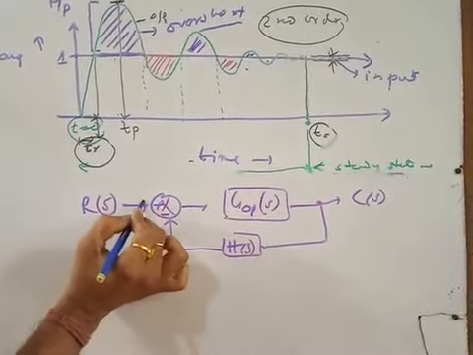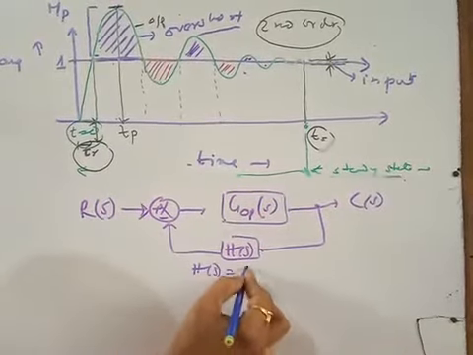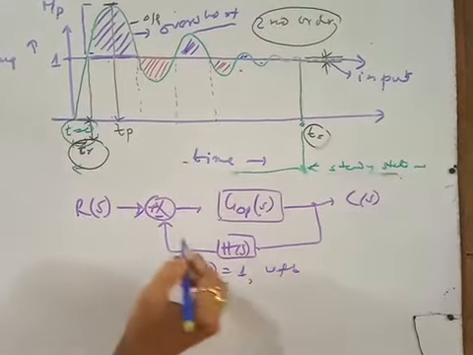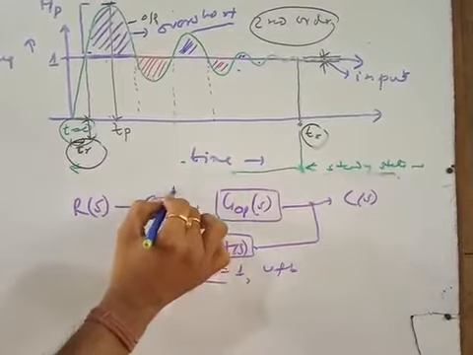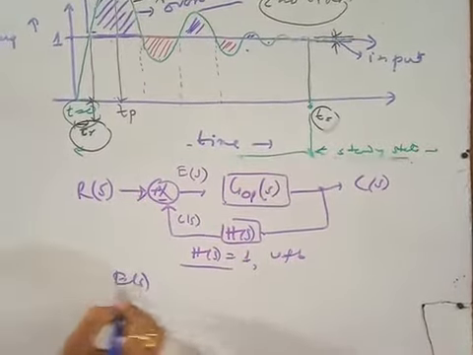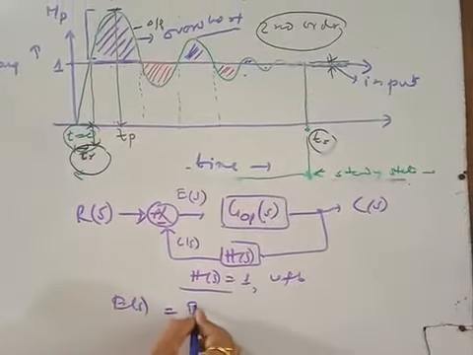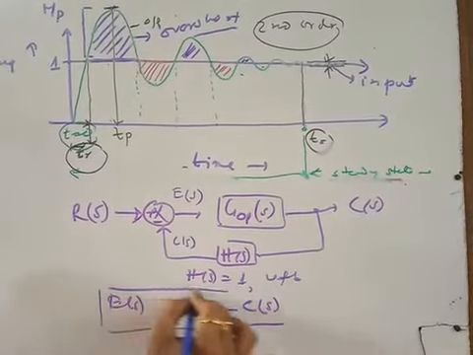So one input is R(S), another input is actually the feedback. If H(S) is equal to 1, say for a unity feedback system, this signal is nothing but C(S). So what is the output of this block? This is known as error, right? So this is error E(S), as you know from the block diagram in the previous classes. So E(S) is equal to R(S) minus C(S), no problem. So this is the error, right?